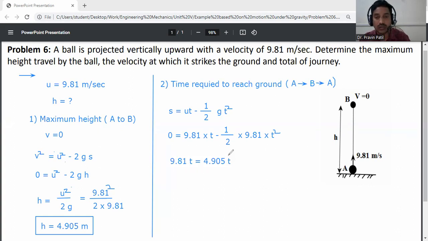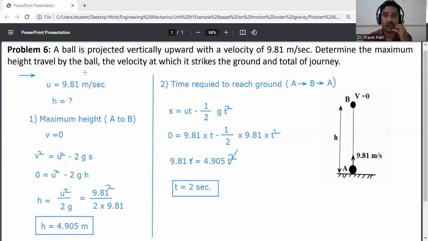This t square and this t will cancel, so t is equal to 9.81 divided by 4.905, which is 2 seconds. So the time to reach the ground is 2 seconds.